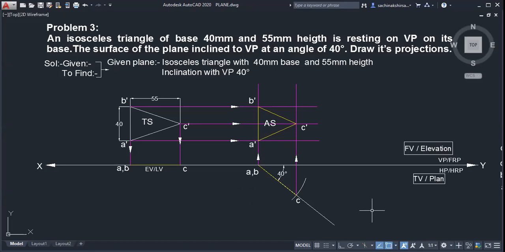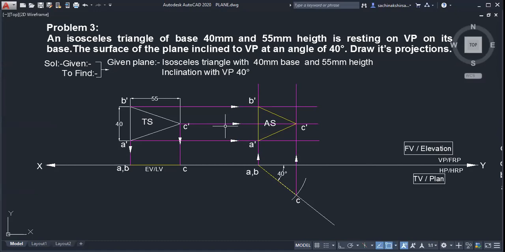Whatever problems we are studying right now are two-stage problems. Actually, in this chapter, three-stage problems are more important, which we are going to study in the upcoming lecture. With the beginning, we are solving simple two-stage problems.